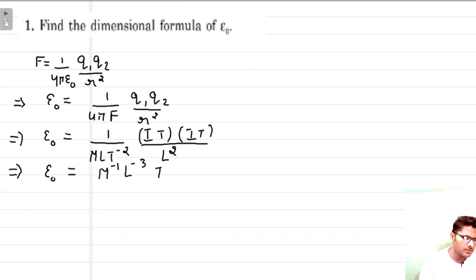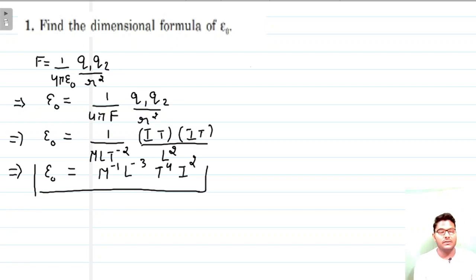When you take it to the numerator, this will become T raised to the power 2, plus T raised to the power 2 is also above there. So T raised to the power 4 and I square. So the dimension of epsilon naught is M minus 1 L raised to the power minus 3 T raised to the power 4 and I square. So moving on to the next question.